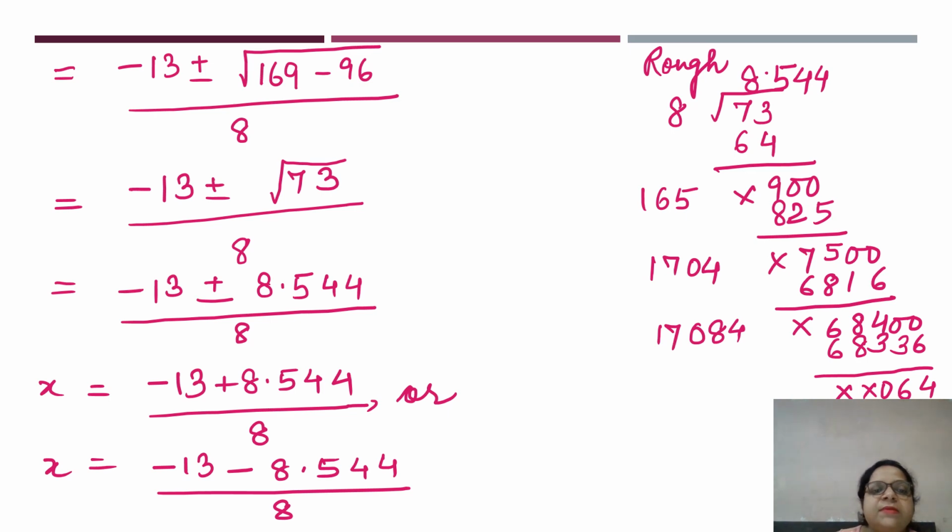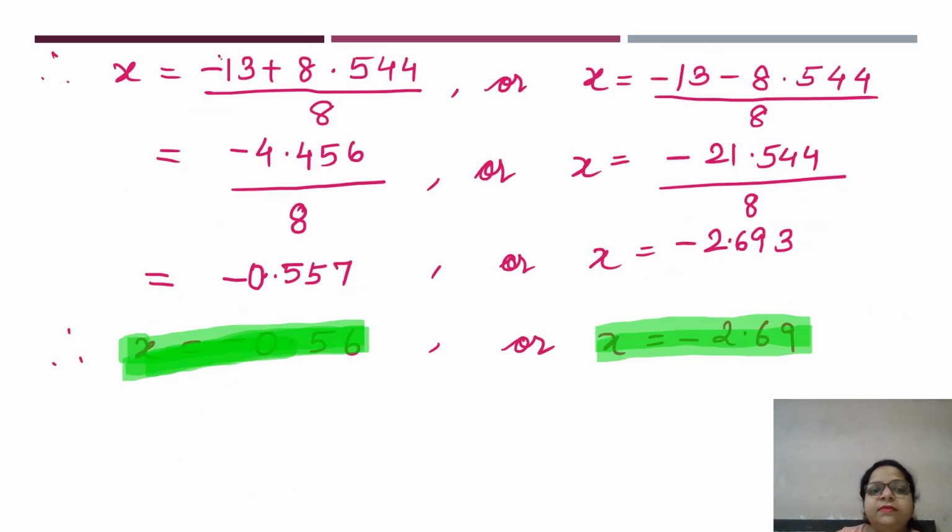So we will substitute that answer here. That is x is equal to minus 13 plus minus 8.544 upon 8. So x is either equal to minus 13 plus 8.544 upon 8 or x is equal to minus 13 minus 8.544 upon 8.